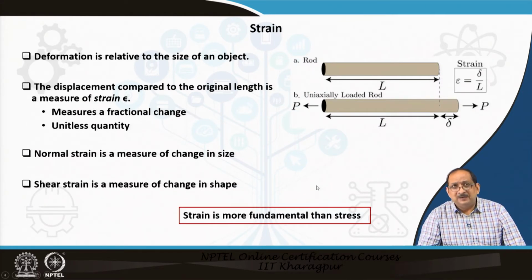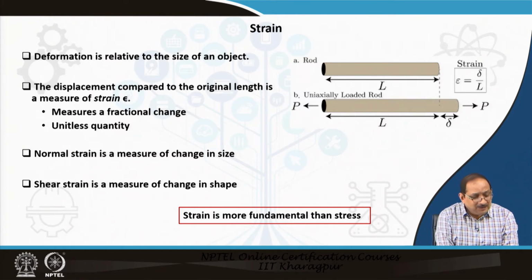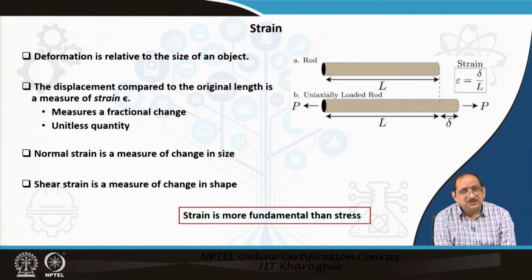Next comes strain. When a cylindrical bar is subject to external tensile force at one end, it may undergo slight increase in length and decrease in diameter. The change in dimension is known as deformation.